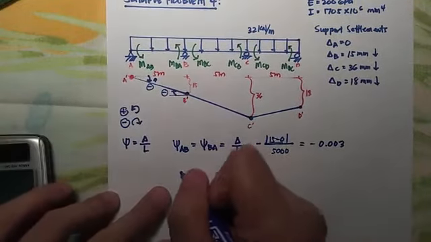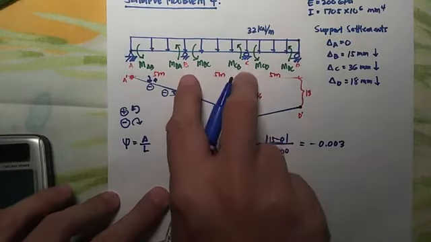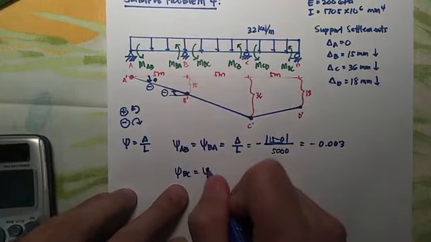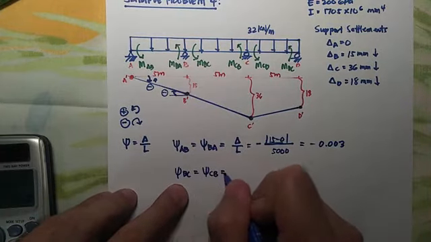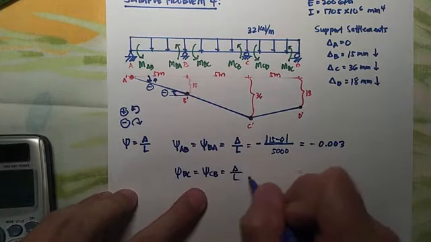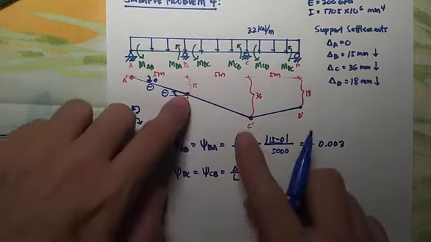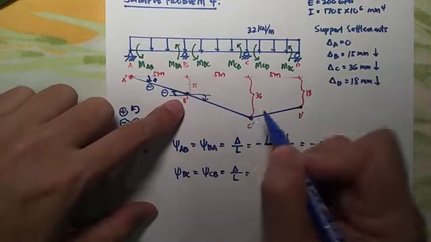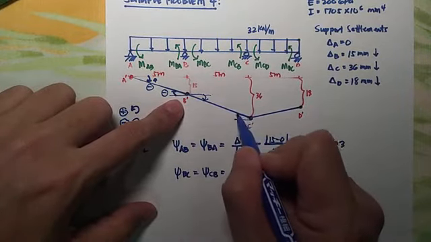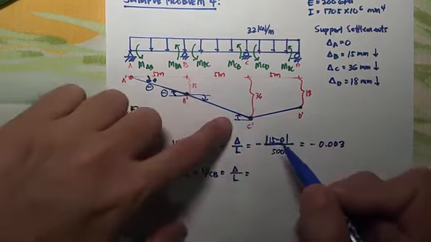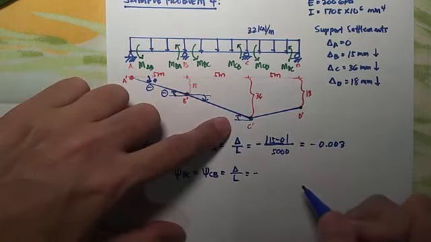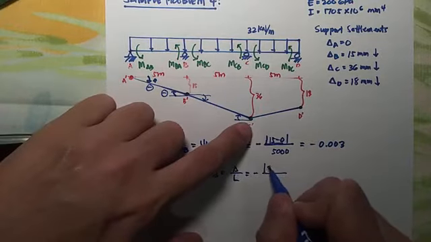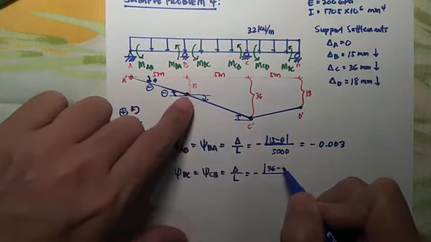Okay, let's say, what is the psi for segment BC? Okay, the psi on BC is the same with the psi on CB. And that would be delta over L. Now, tingnan mo yung B tsaka C. Diba? From here, it is clockwise. From here, this is also clockwise. So, clockwise, so negative ang sign natin dyan. And that would be the absolute value of the 36 minus the 15.